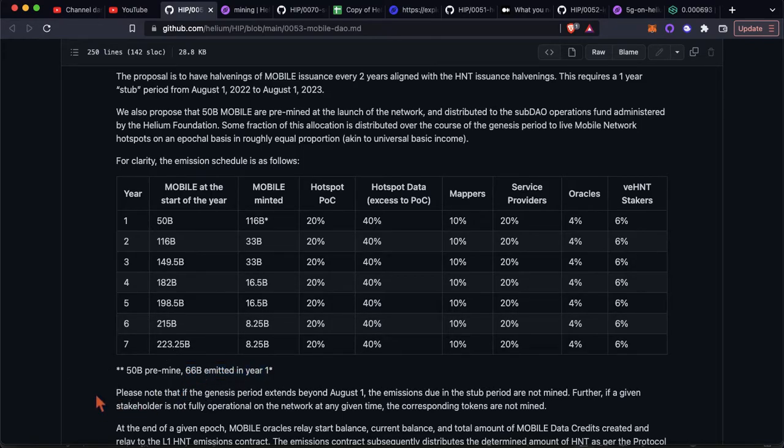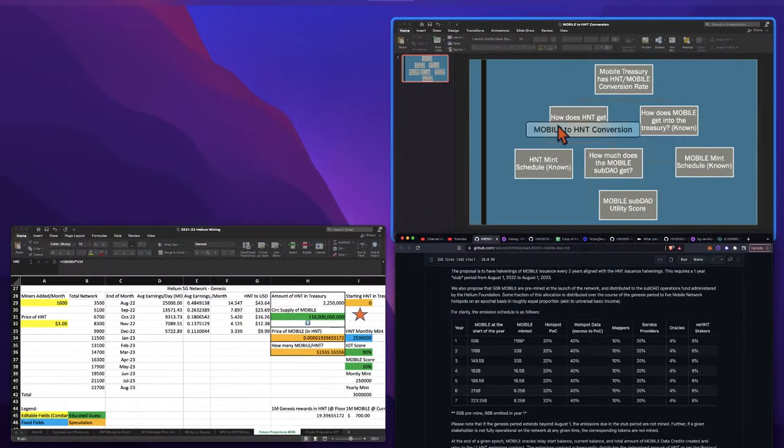I guess we'll have to see what happens once the transition to Solana happens. The team is behind in this implementation; this was proposed and passed many months ago. But after year one, we know there's going to be somewhere in the neighborhood of 116 billion mobile minted.